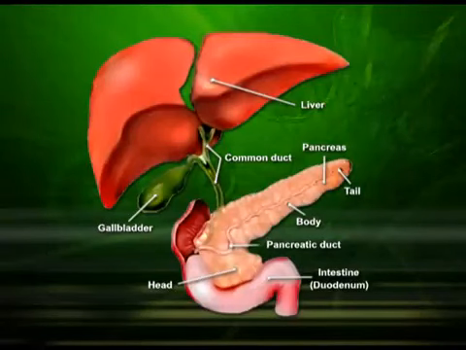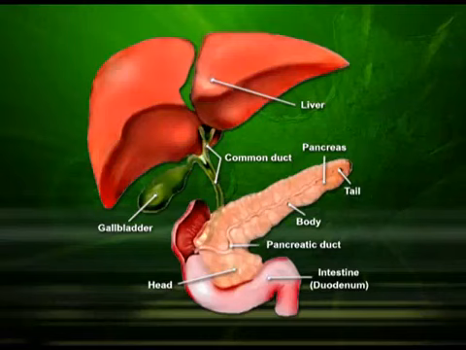This shows you the way liver and pancreas are present in our abdominal cavity. You can see the huge liver lobes.